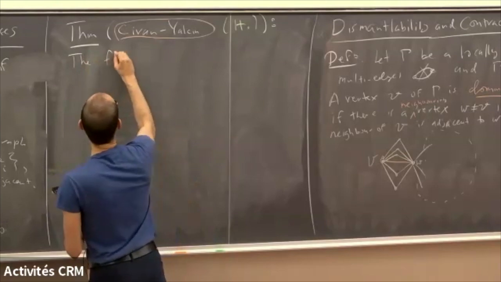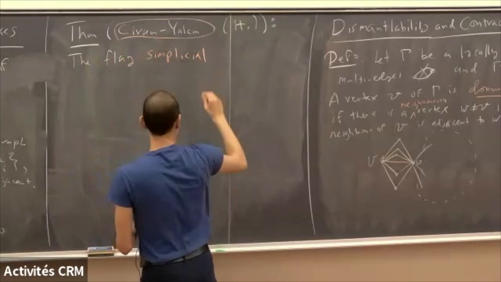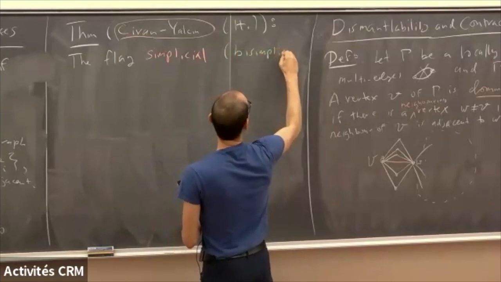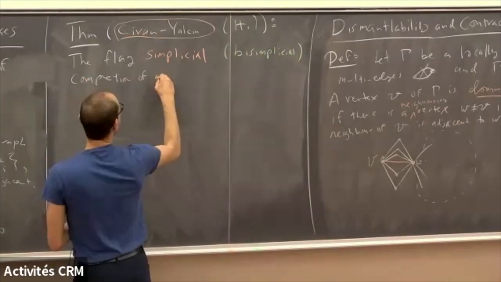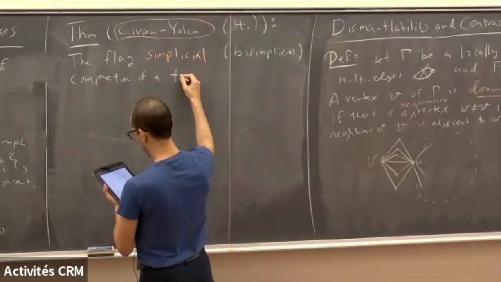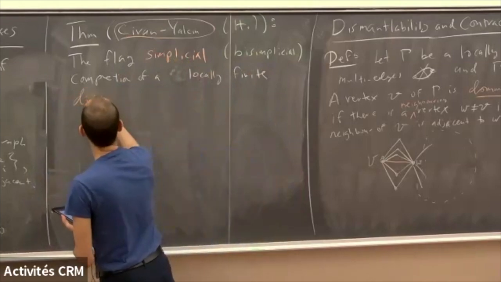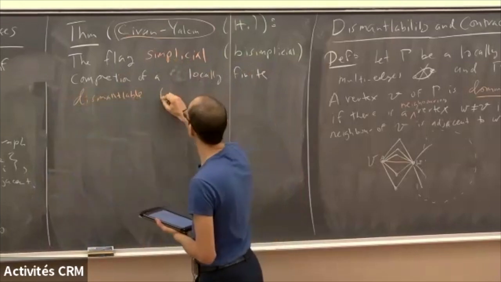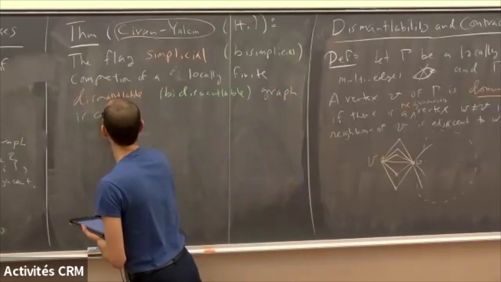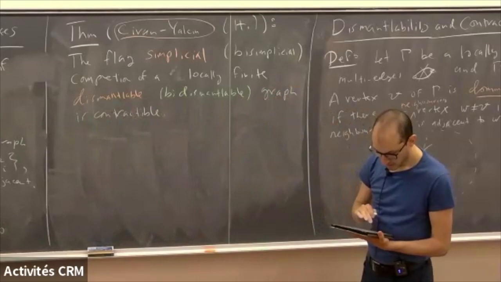The flag simplicial or bisimplicial completion of a locally finite dismantleable graph is contractible.